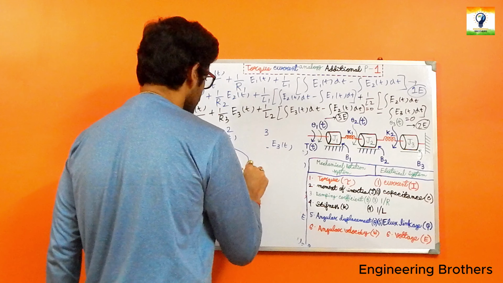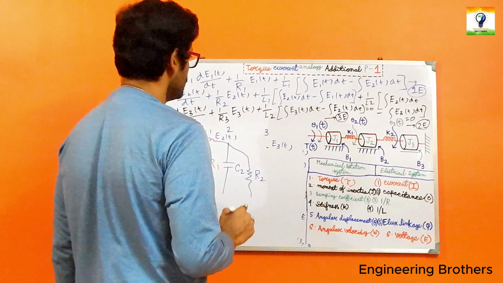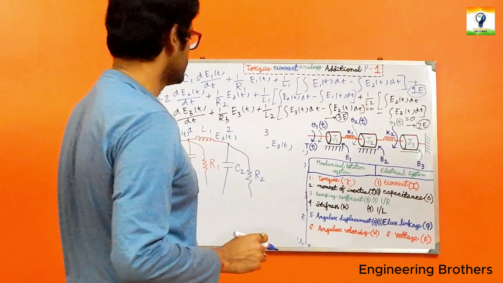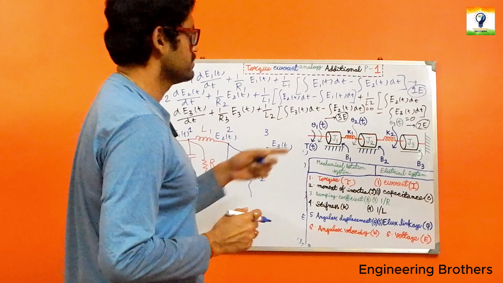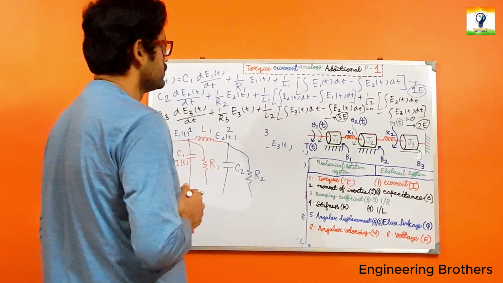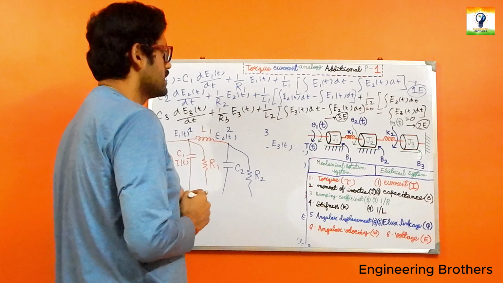So let us connect our resistor R2, and the L1 has already been connected over here. I got it from our equation 1. So I no longer need to reconnect L1, as it is already connected.